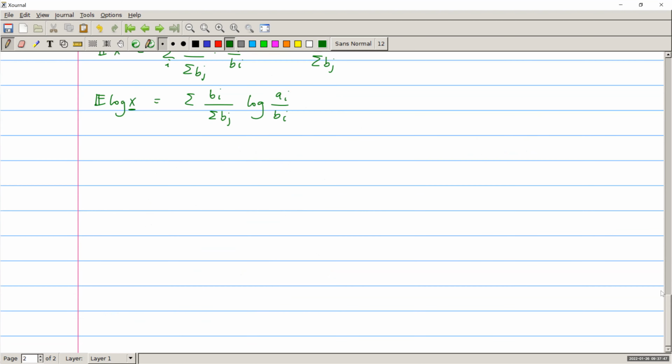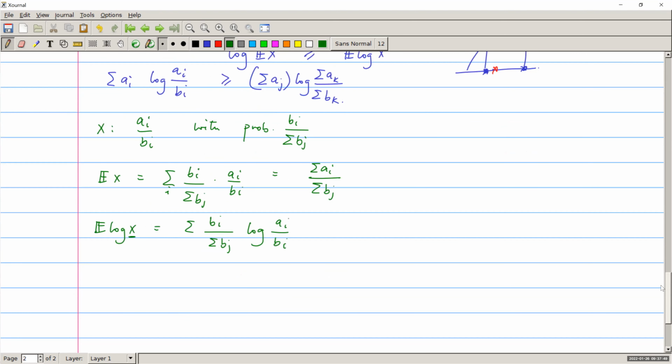Right? So this is less than or equal to, so this tells us that the summation is less than or equal to. If we take a random variable like this, this is what Jensen's inequality immediately gives us.